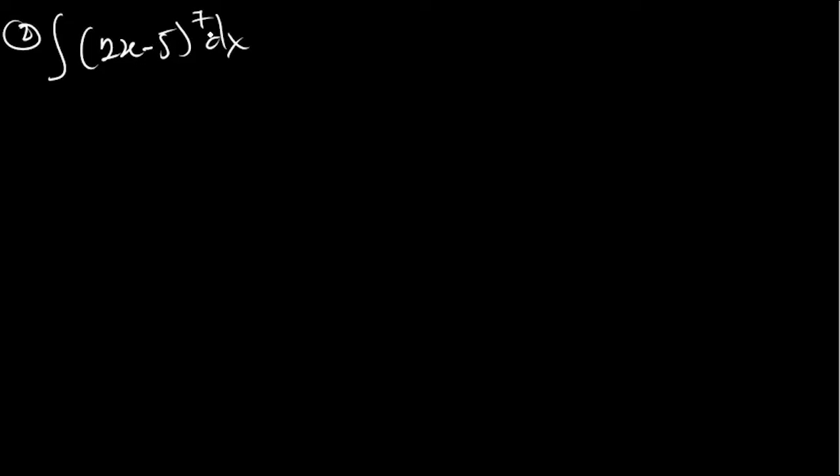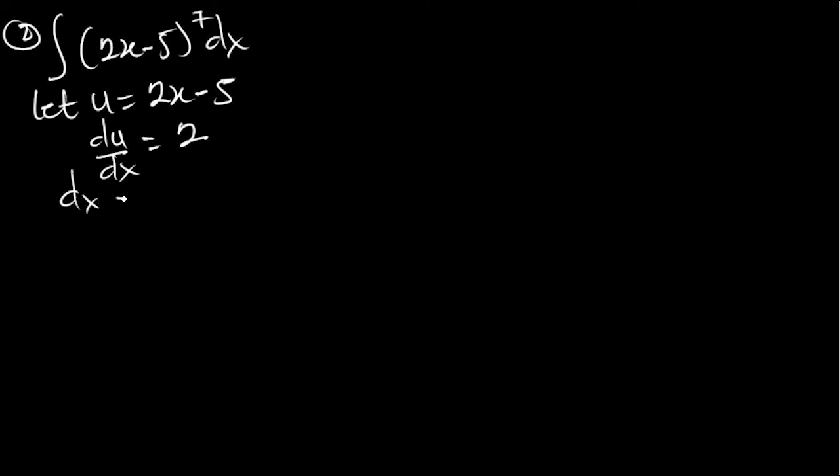But with the idea of substitution, we can just integrate this and move on. So I can let u be equal to the whole of that, which is 2x minus 5. After letting u be equal to that, because I want to get rid of the dx, I find du dx, and I'm going to get 2, meaning my dx is now equal to du on 2. Are we okay?